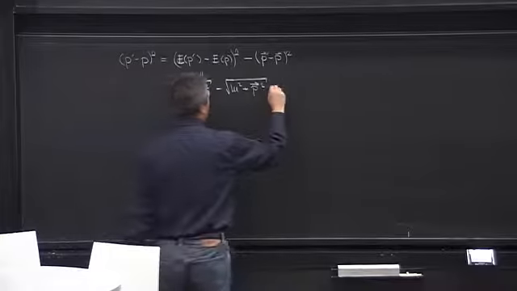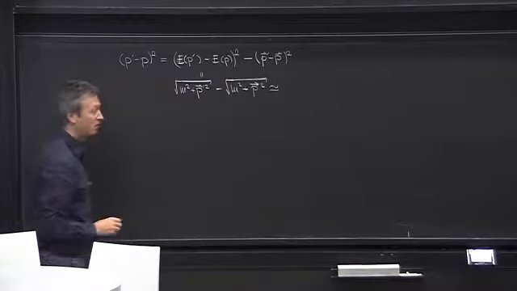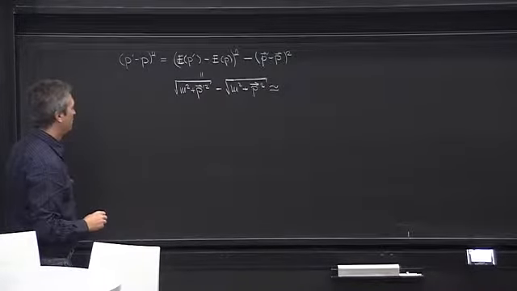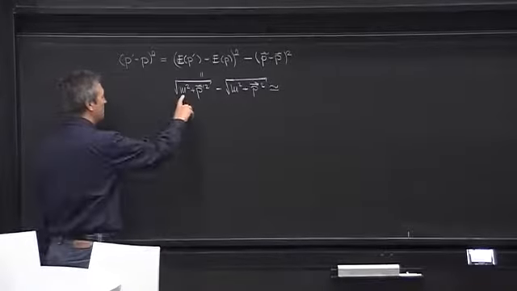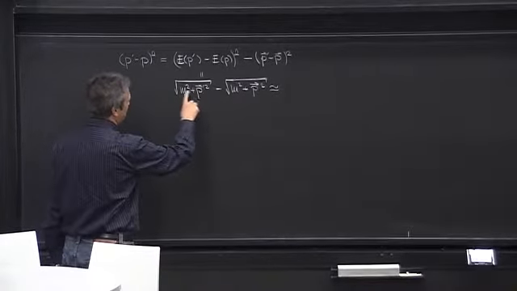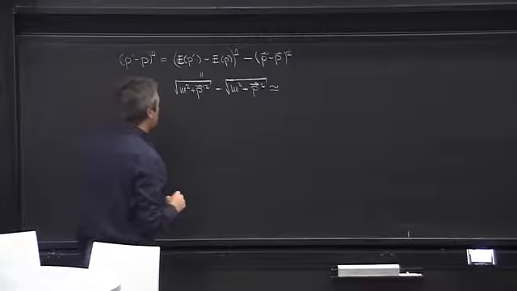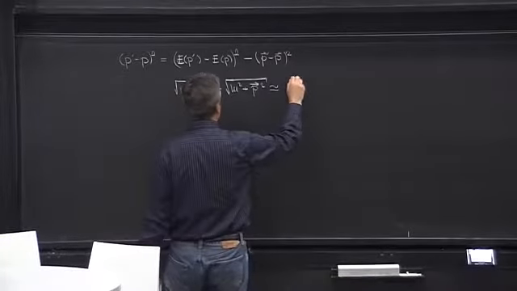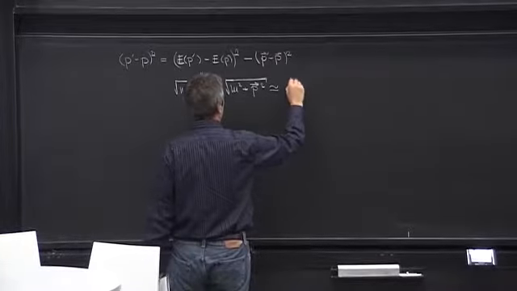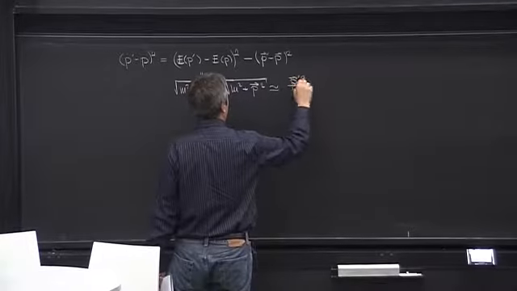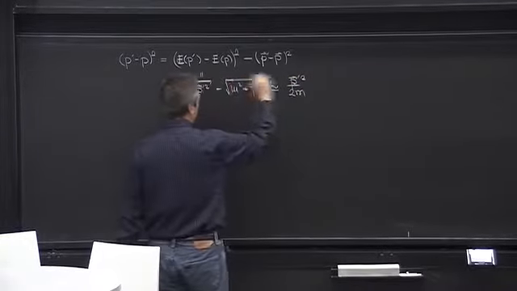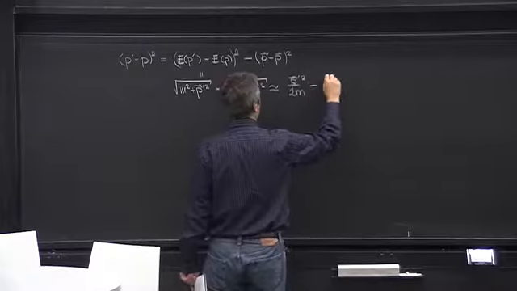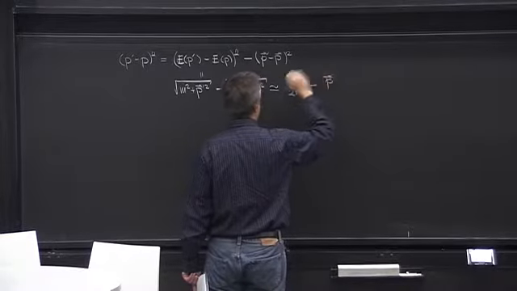So you see, in the non-relativistic approximation, this is very close to 0 at leading order, because the momenta are much smaller than the mass. So this will be equal to the difference between kinetic energies, p'² over 2m. We expand the square roots in a power series in p squared.